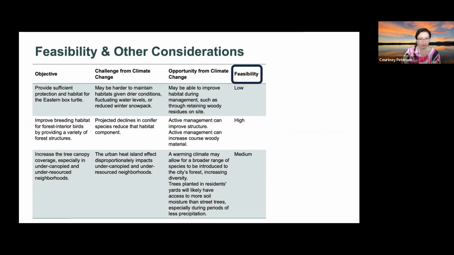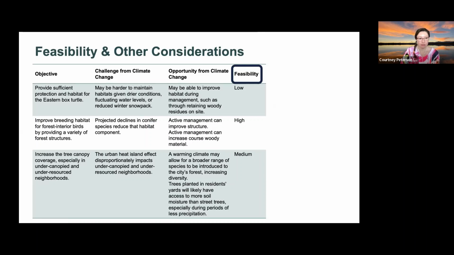So for example, for those 3 different projects, we can think about potentially maintaining eastern box turtle habitat may be a management objective that has low feasibility because we know that it's going to be harder to maintain that habitat given drought, fluctuating water levels, and reduced winter snowpack.